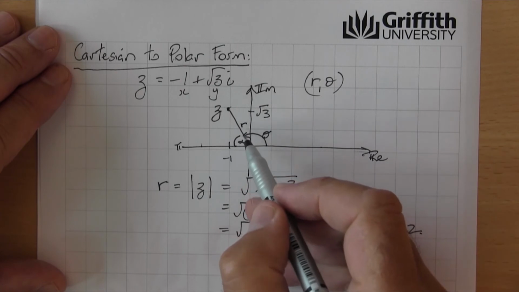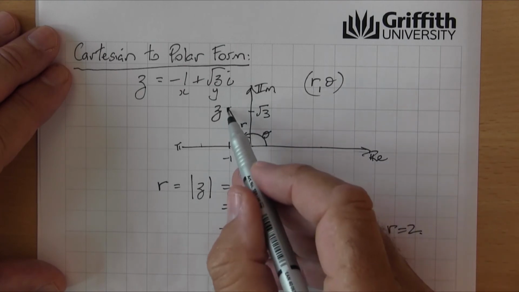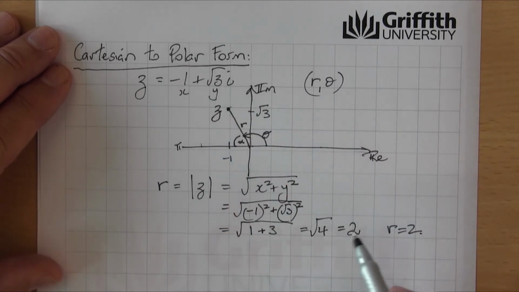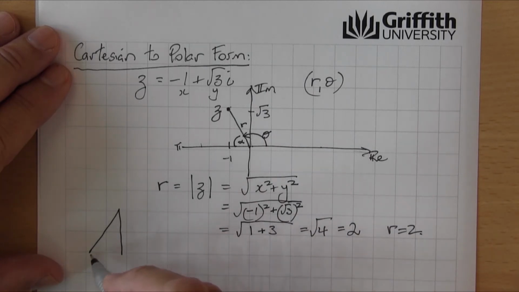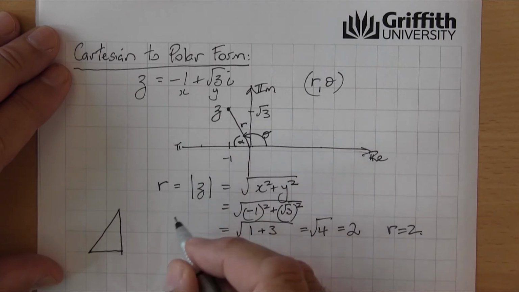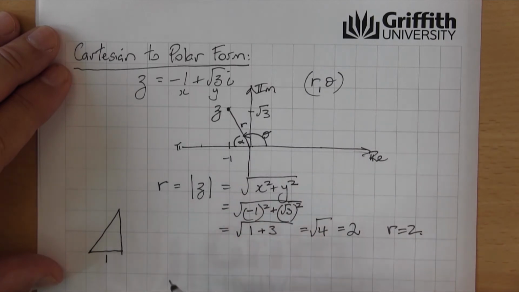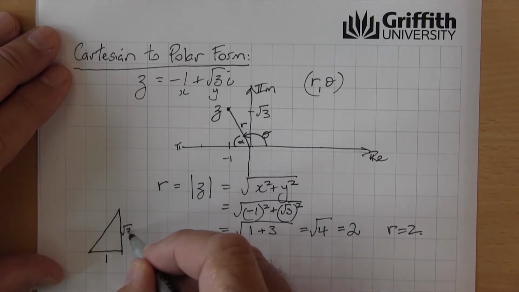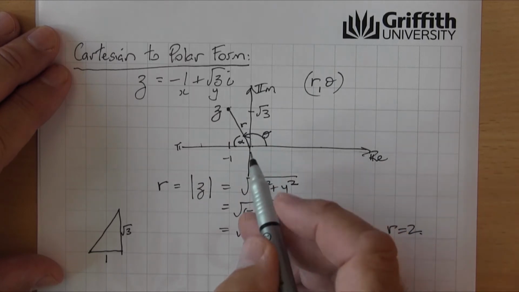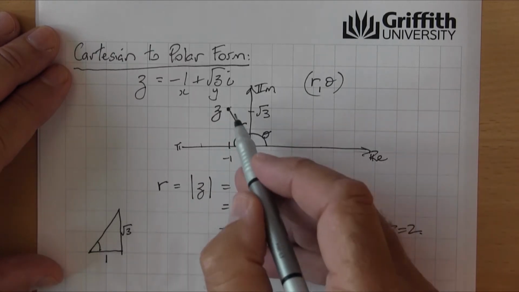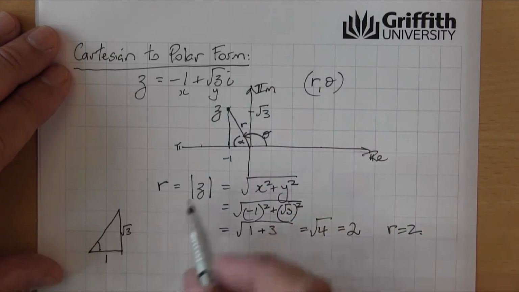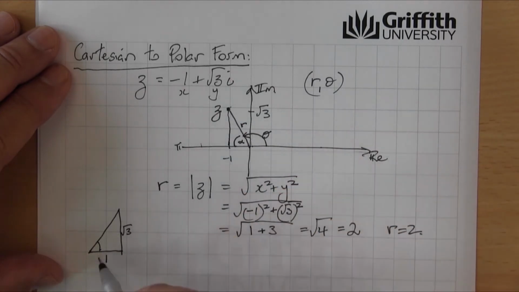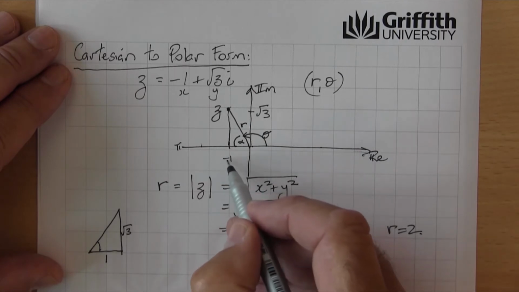Alright, so I've got that as 2, I know that's root 3, and from the trig you've done, you know if that is 1 and up here is root 3, that this angle here, if I look at that triangle there, I've flipped it around a little bit, but I'm not going to be so much concerned that it's a -1.